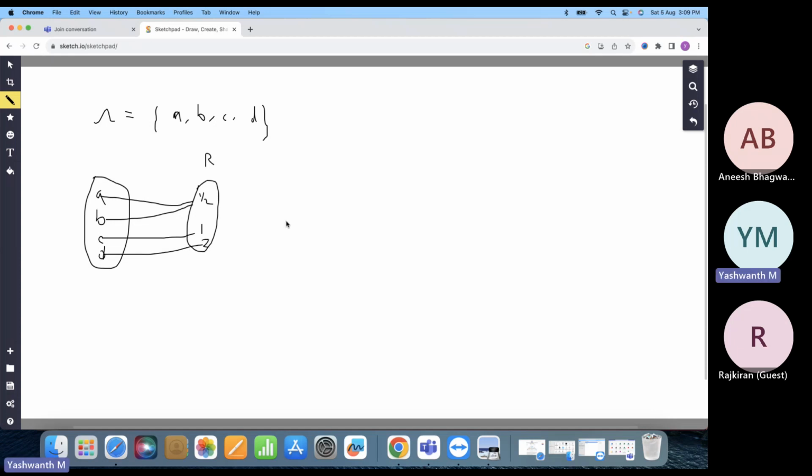So to answer this, we have to recollect the definition of a random variable. So what is a random variable?